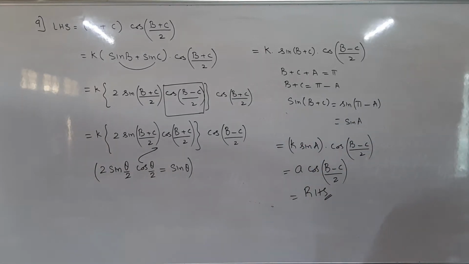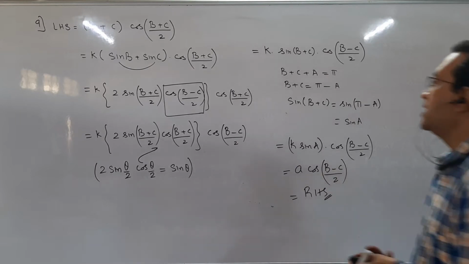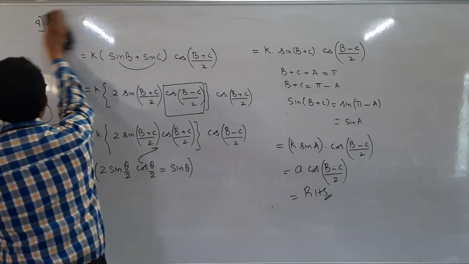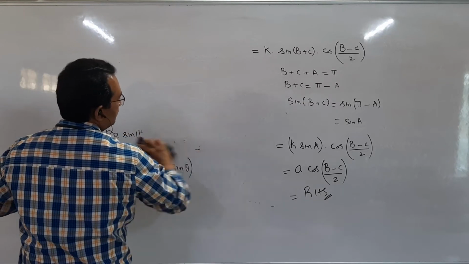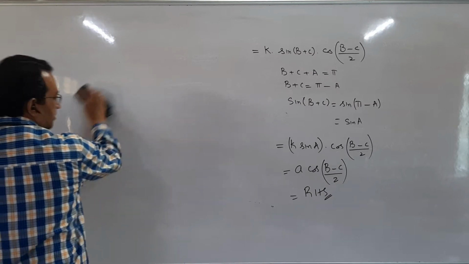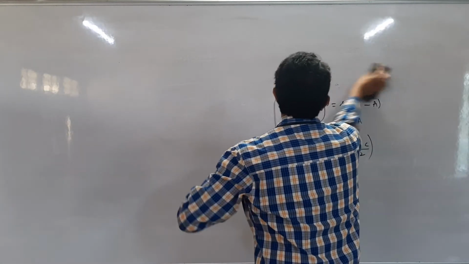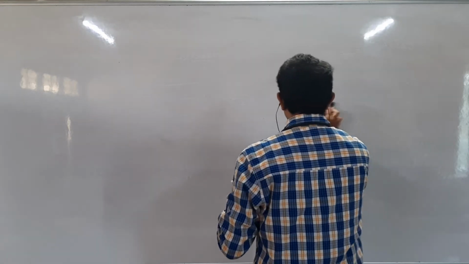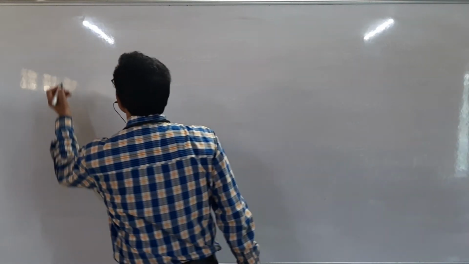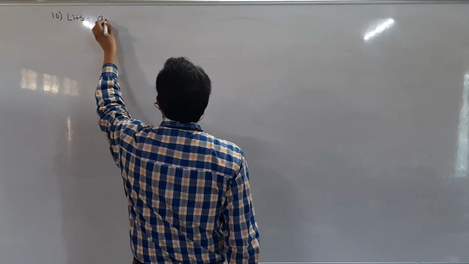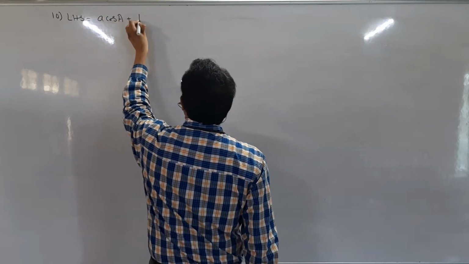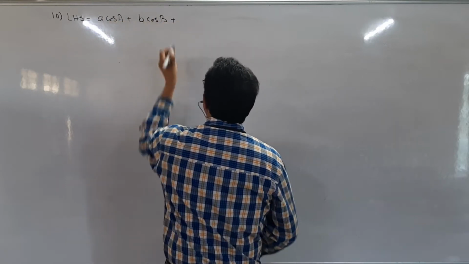Students, now question 10 is a very important sum. I am doing question 10, and that sum is again very important, sum number 10. It has some specific application of formulas, so let us first note down the LHS, which is a cos a plus b cos b plus c cos c.